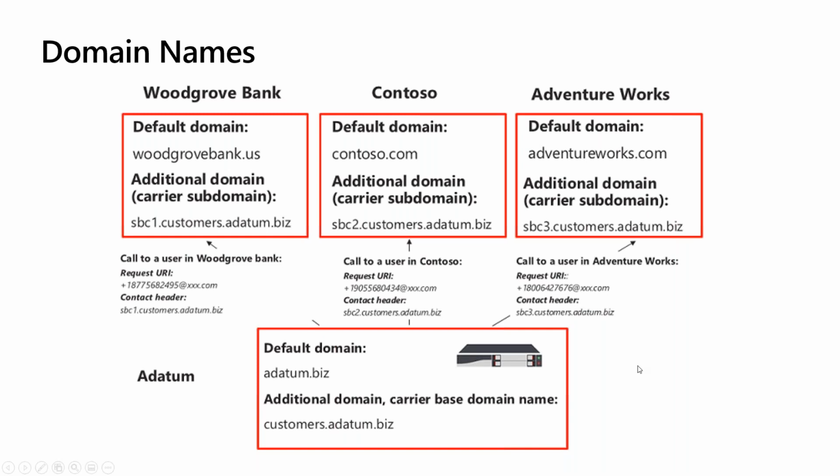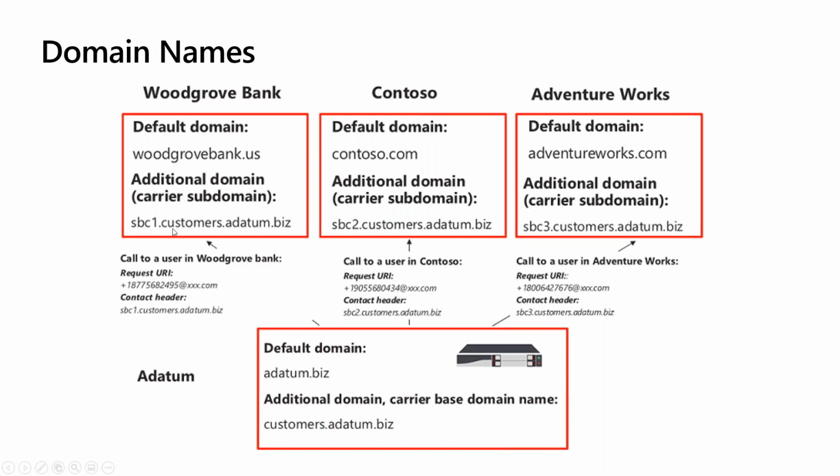Now, the way you have to do this is, because those carriers also need a secured connection, which means they need to care about certificates. It means they need, for example, customers.adatum.biz to be their base, and then per customer, they will have a name underneath this domain.